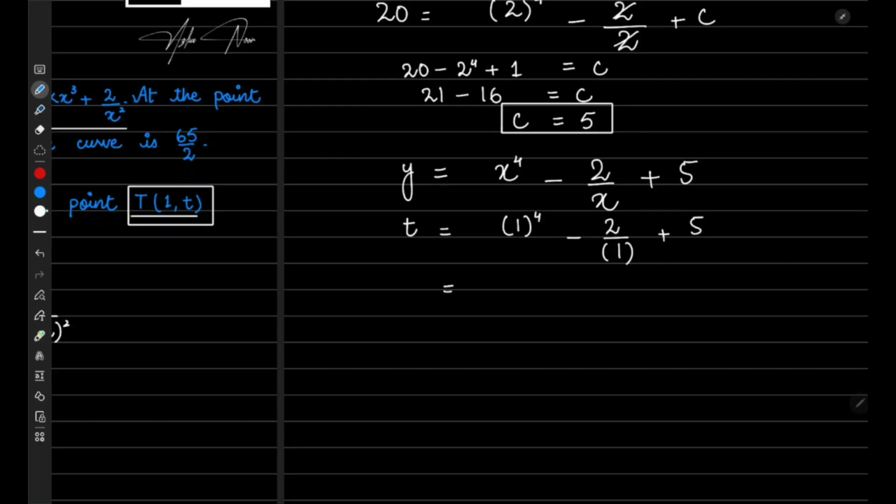That gives you 1 minus 2 plus 5. 6 minus 2 is 4. So t turns out to be 4.